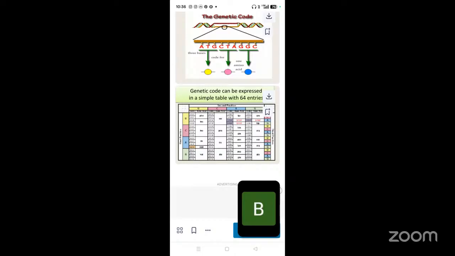Already yesterday we discussed the central dogma: DNA to RNA, RNA to protein. DNA to RNA formation is also called transcription, and the next one, RNA to protein synthesis, is also called translation. These are the central dogma.